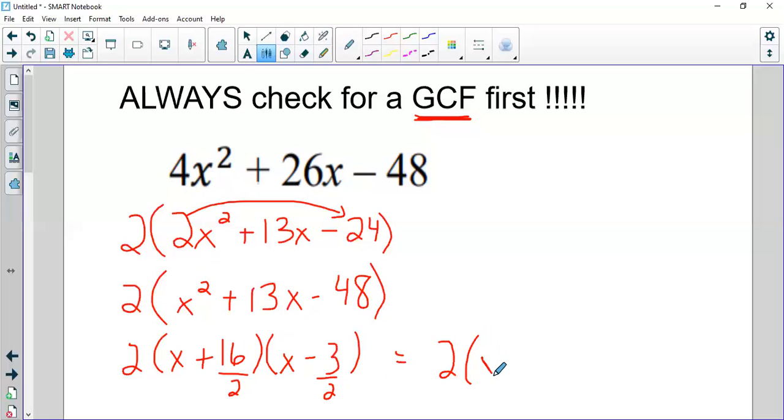So therefore, this is just x plus 8. And then nothing simplifies here, so I'll slide this guy up, and my third factor is 2x minus 3. So now my answer has a GCF out front, and then 2 binomials.